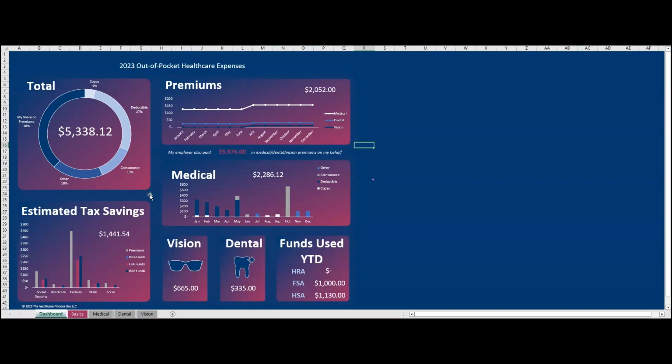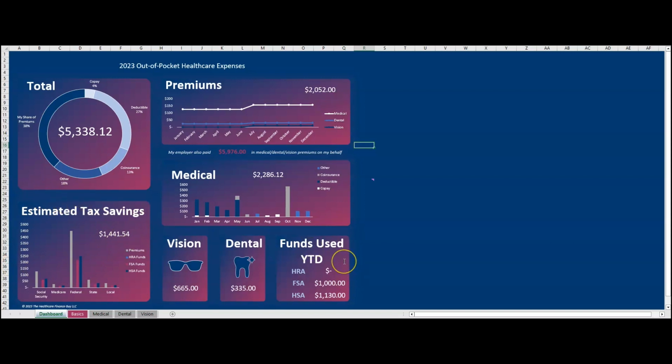It's nice to know that because you have control of your healthcare expenses and because you're participating in pre-tax accounts, you're saving your family money. $1,400 is a lot of money at the end of the day by basically doing nothing except participating in the accounts. So, as you can tell, I really like this section of the dashboard.